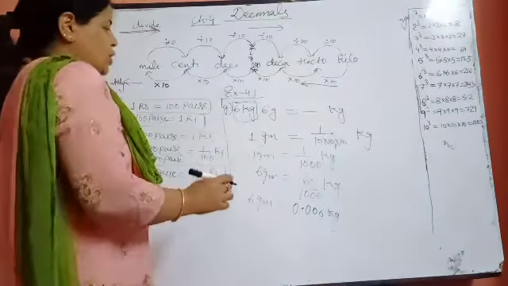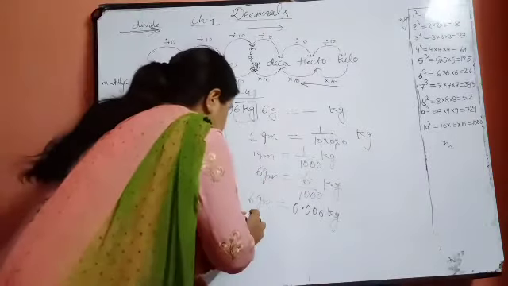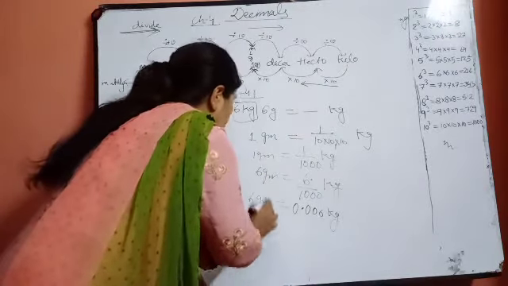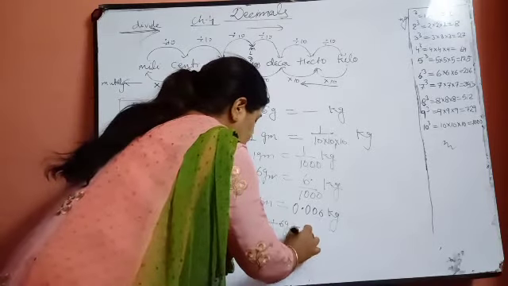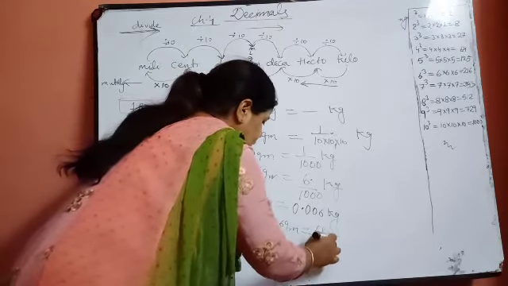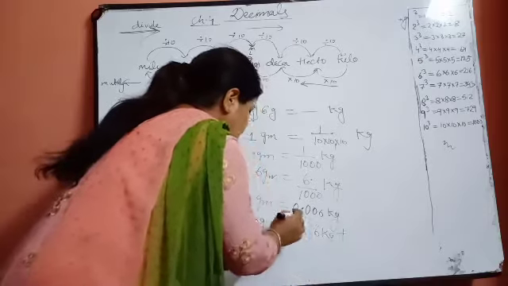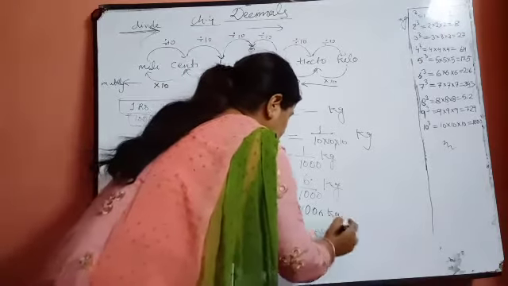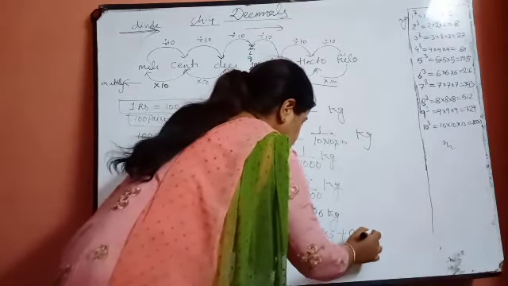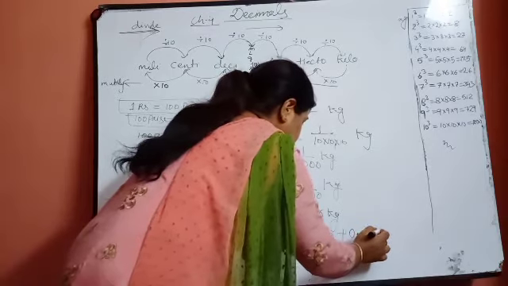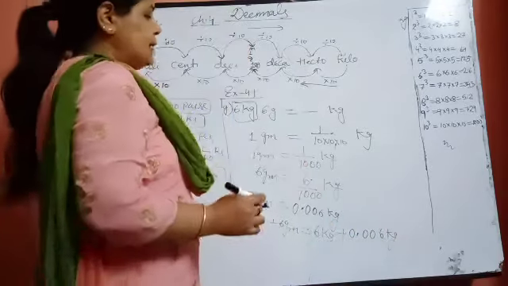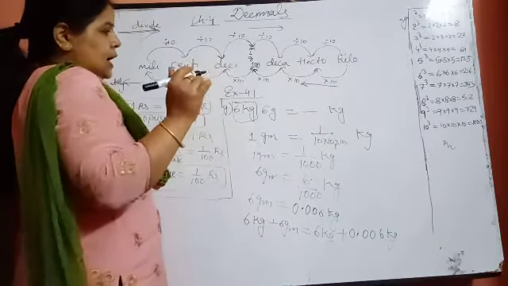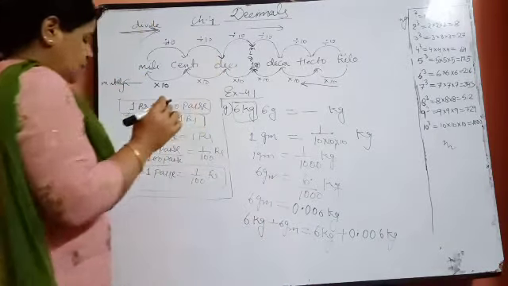Okay, and what is your question? 6 kilogram plus 6 gram is equal to 6 kilogram plus, in place of 6 gram what will you write? 0.006 kilogram. So what will be your answer? You will add them, and see that many children make mistakes in the addition part also.